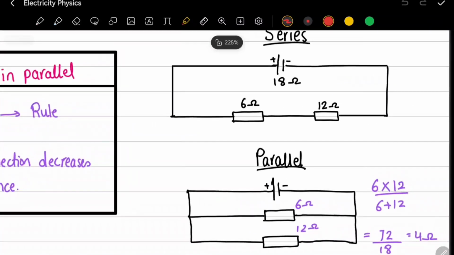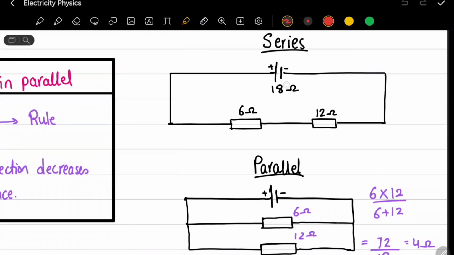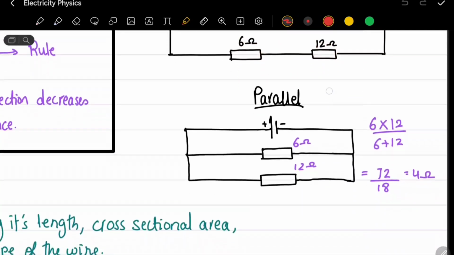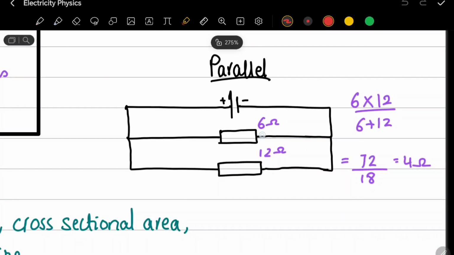For example, if we have here 18 ohm, it's going to be distributed, either equally or unequally. And here we're going to have 6 ohm and 12 ohm. Once you add them, we're going to get the total again back, which is 18 ohm. But in parallel connection, here we have 6 and 12.